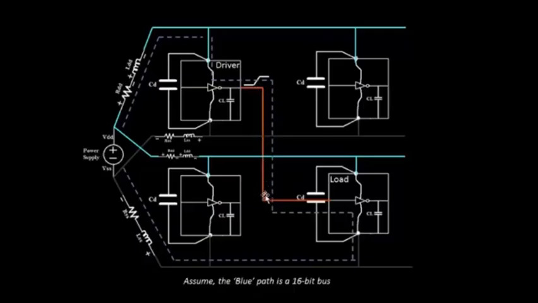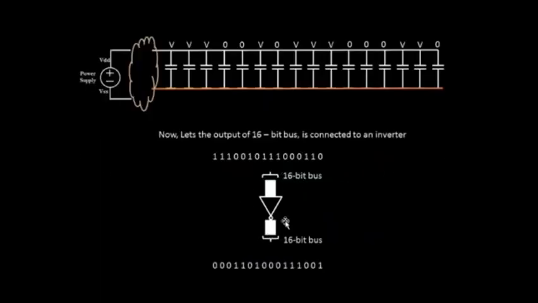Let's try to see what the value of the VDD and the ground can be at this particular point. Okay, so let's assume that this is a 16-bit bus, and let's take the initial conditions of the 16-bit bus. This was the blue line that we talked about, and this is the initial state of the 16-bit bus. So when we say each and every line is logic 1 or logic 0, this is what we mean.